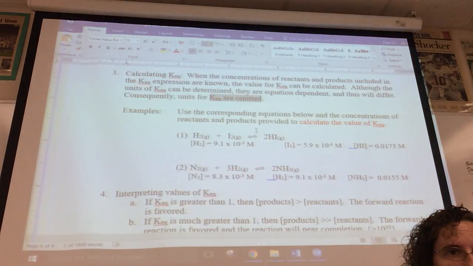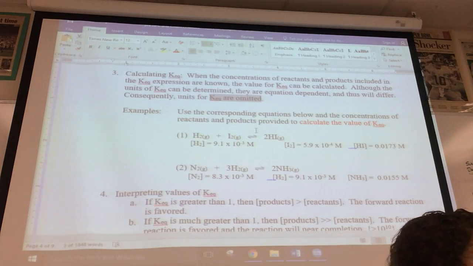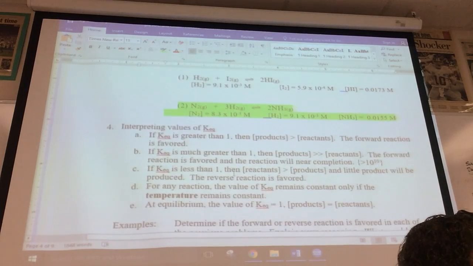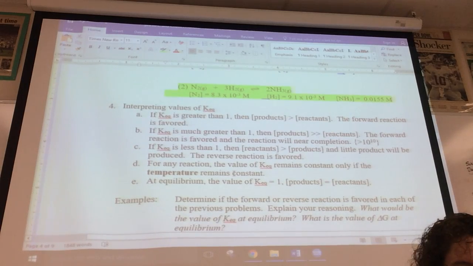Do you want to try and give number 2 a try yourself, or do you want to do it together? Try number 2. It's on the screen. I'll highlight it in green and see if you can do that one. I'll do it as well, and we'll see if we all have the same answer.